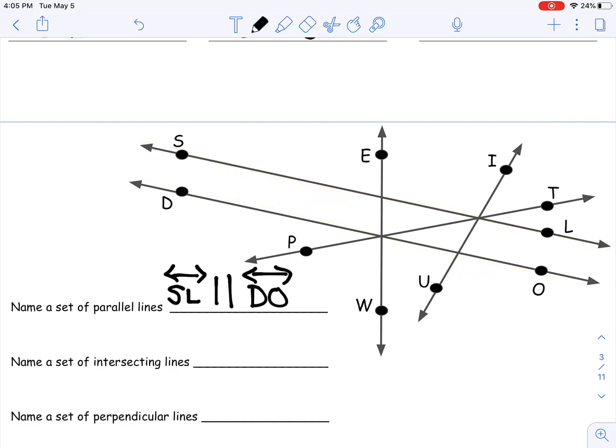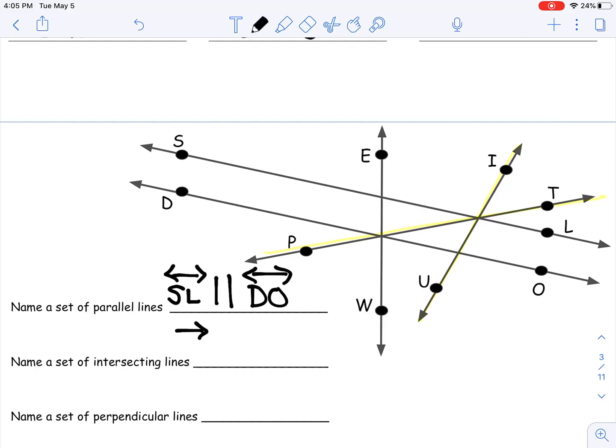And then you will notice we need some intersecting lines, and we have a lot of options for that. A lot of these lines are intersecting, so choose whichever one you want. I'm just going to go ahead and go with this guy right here and this guy right here.